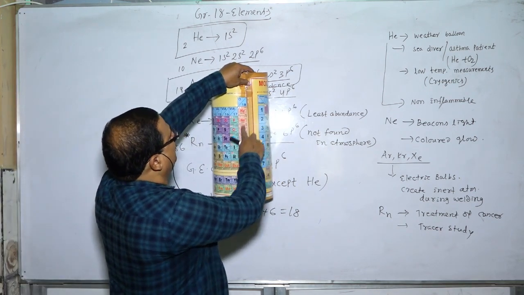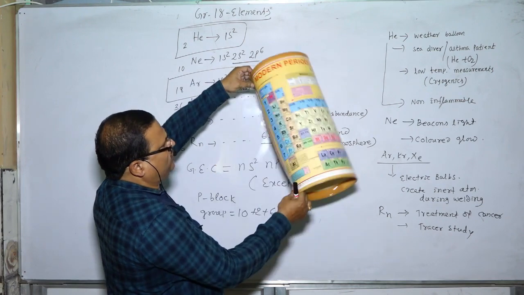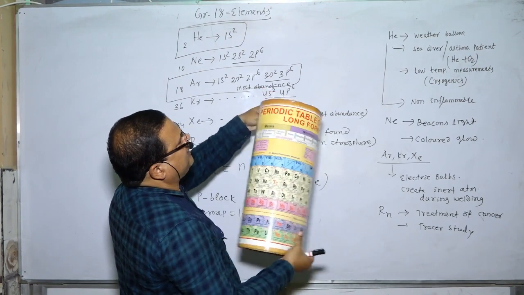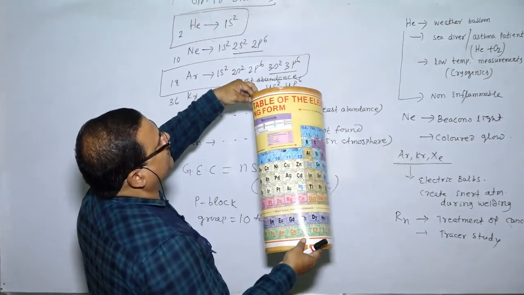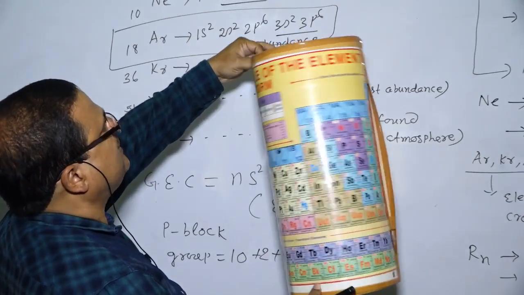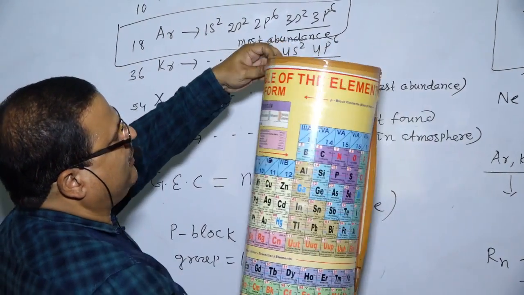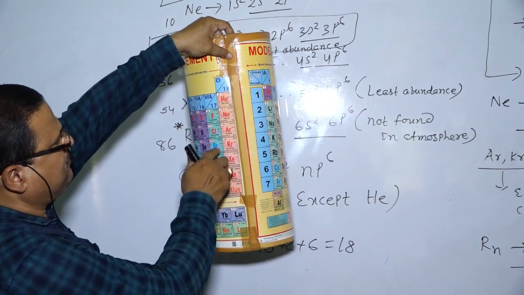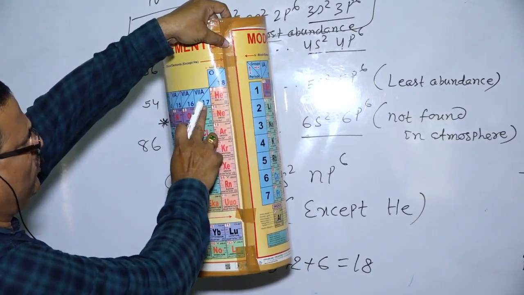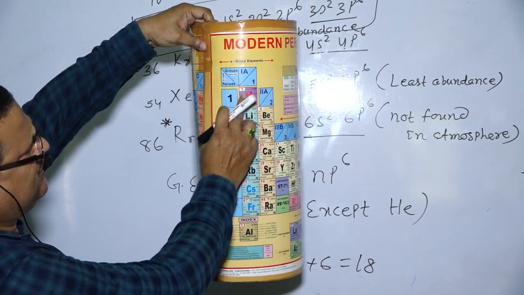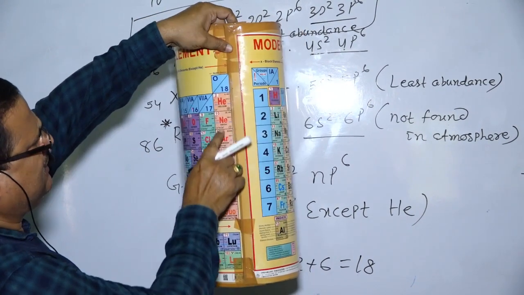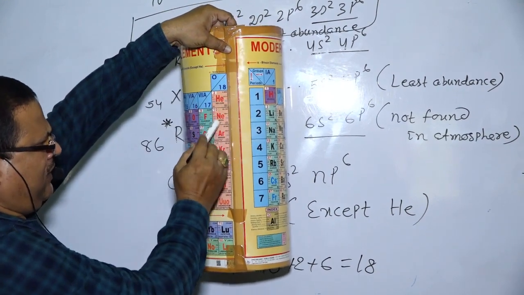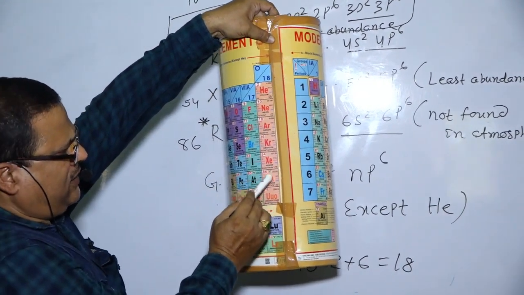These are the group 18 elements: helium, neon, argon, krypton, xenon, radon.